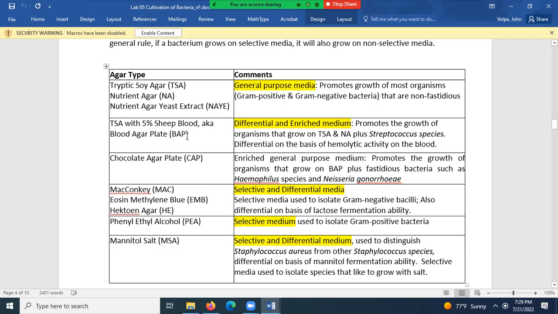Anyways, with the BAP, or blood agar, you're adding the blood after the agar has cooled sufficiently so it no longer lyses the red blood cells, but the agar isn't cool enough that it will solidify.